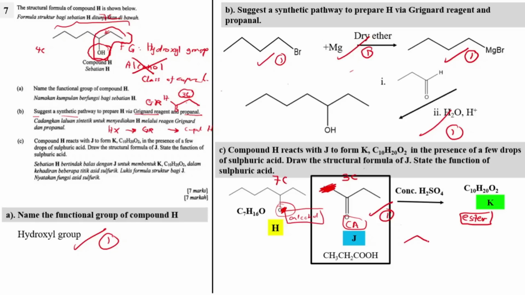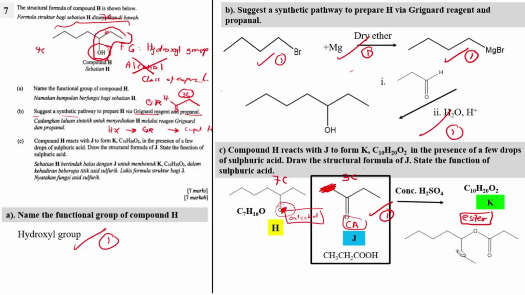So what we're going to get is this structure, and then 1 and 2 here, I'm going to put it down, then a single bond oxygen, and then I'm going to link that with this structure in order to produce this kind of ester. This one is just additional information. So we're going to get the structure to be something like this.